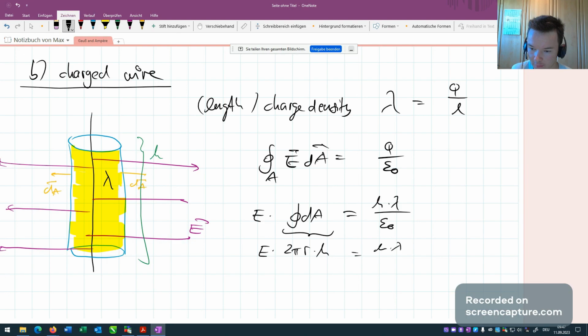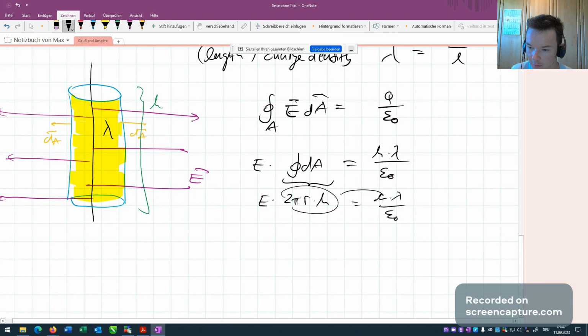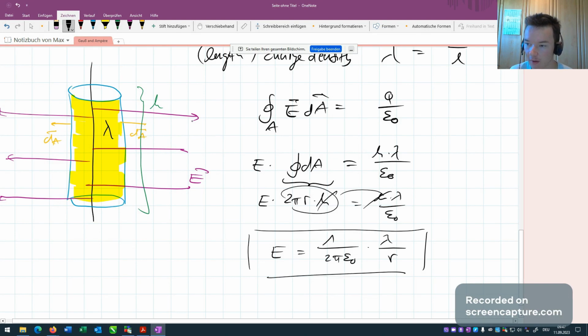And then we can pull this stuff over here again. This h cancels out, and we're left with E equals 1 over 2 pi epsilon 0 times lambda divided by r, which is the electrical field at a distance of r meters of a charged wire.